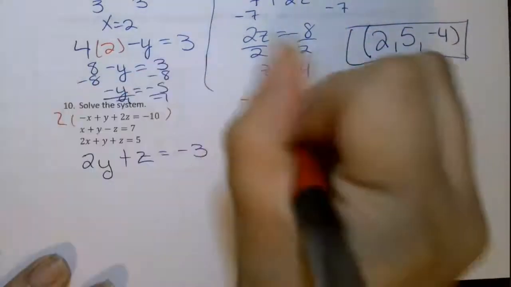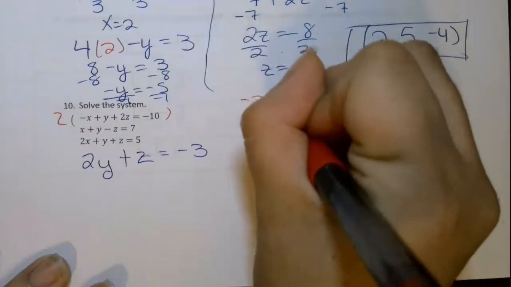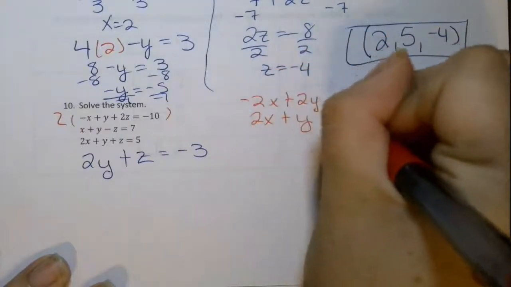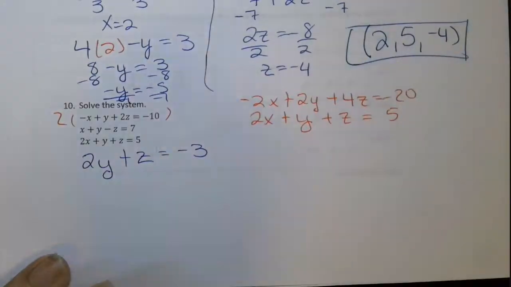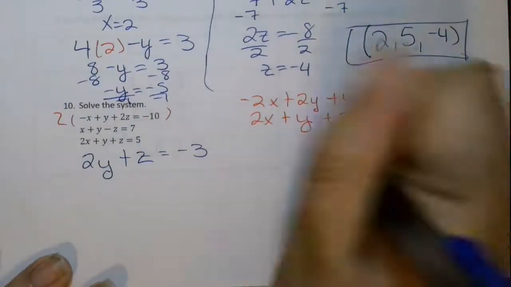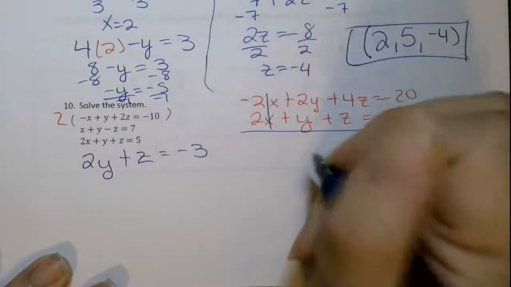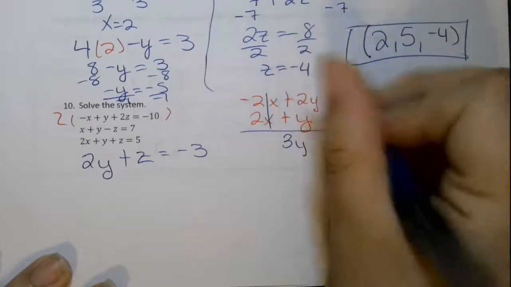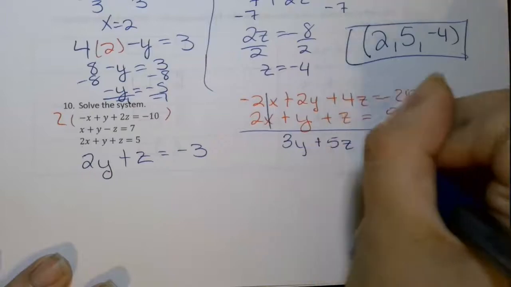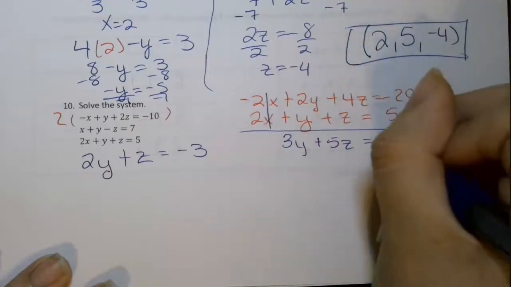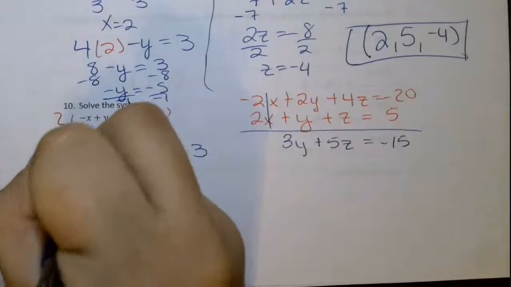And then I'm combining it with the bottom equation, so I'll rewrite that down below. Then when I go ahead and solve this, the x's cancel out. I have 3y plus 5z equals negative 15. So I'm going to write that here.